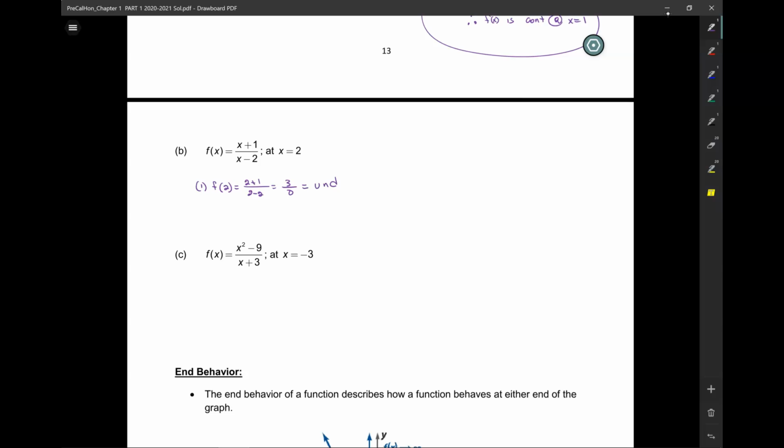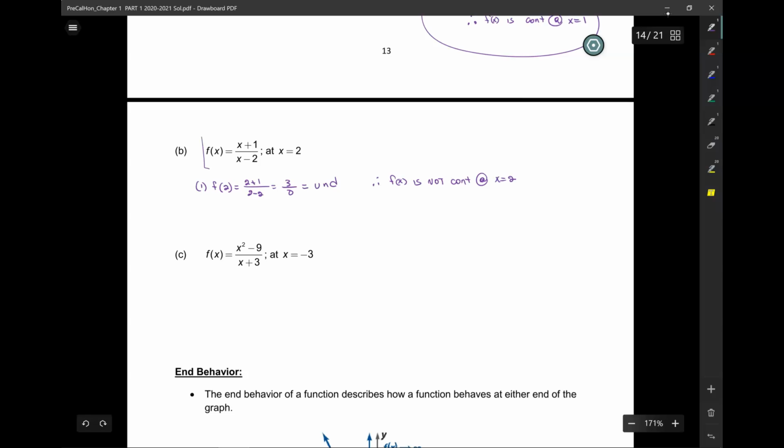So you say, therefore, f of x is not continuous at x equals 2. By the way, this function is perfectly continuous at all other points, it's just at x equals 2, so you have to specify that. Now, what kind of discontinuity is it?